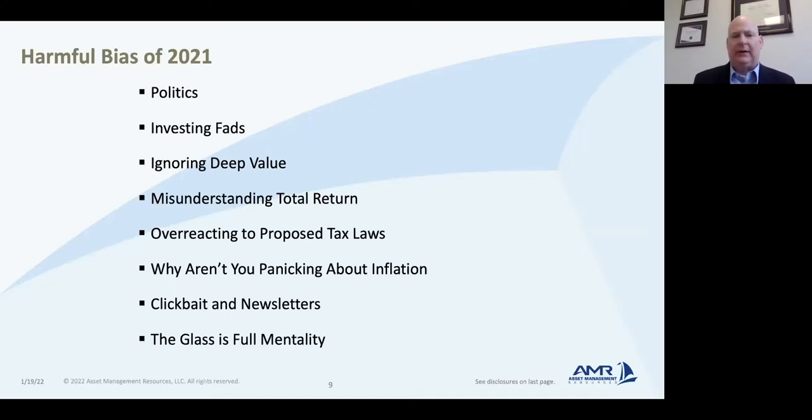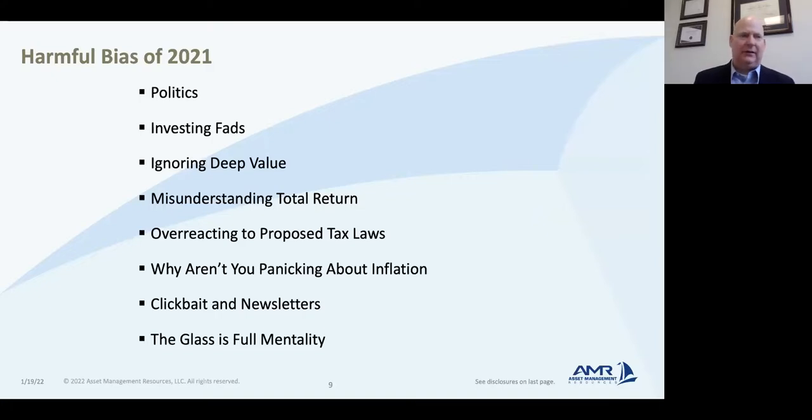So let's expect that. As we look ahead, you can't help but look back, though, along the way. And one of the things that is a common challenge, and by the way, Brian did a great article on this that is probably available through our website if you want to check that out. But there are a lot of challenges that people face. One of them is their own political biases.